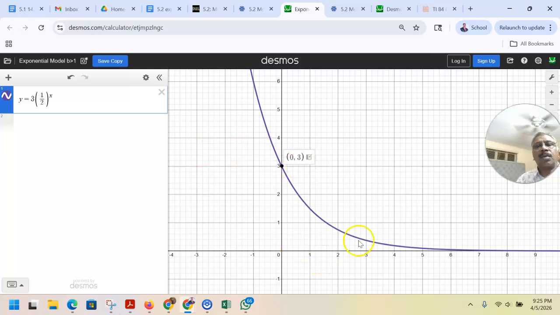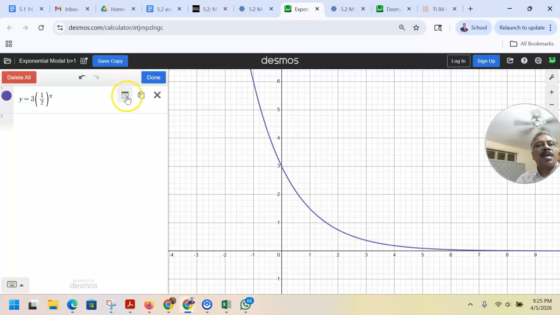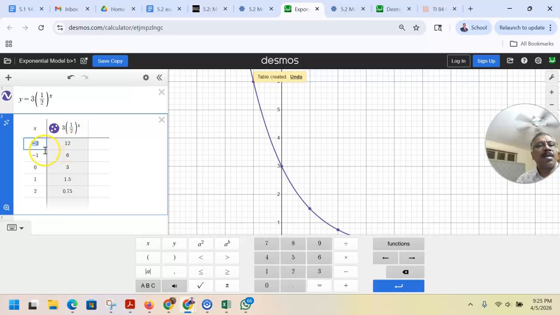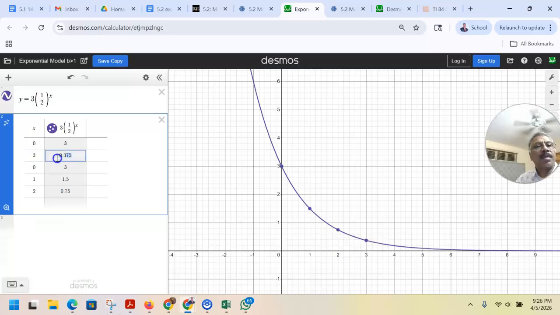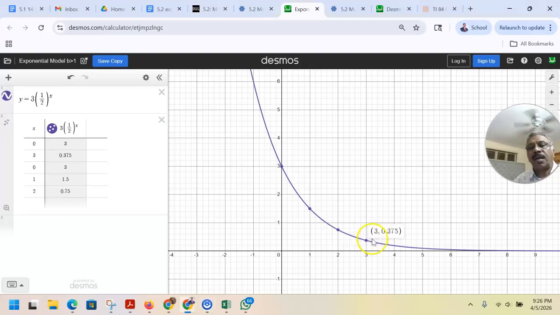And the second point that they gave was 3, right? You could add a table and put 0 and 3. The next one, they gave us a fraction, which is 3/8.